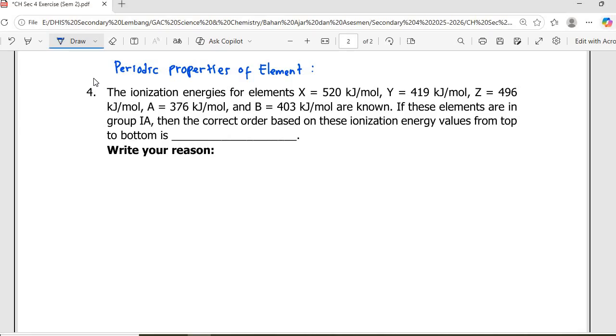This is the type of question that will appear in the examination. I will write them first: the first property is atomic radius, the second is ionization energy, and the third is electronegativity.